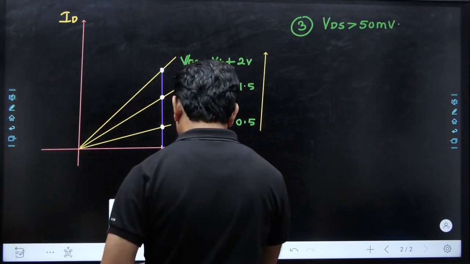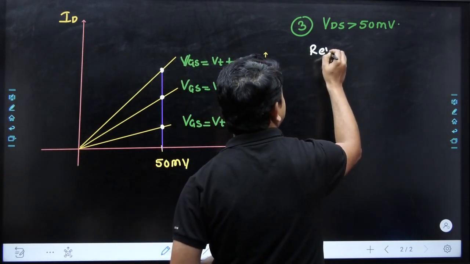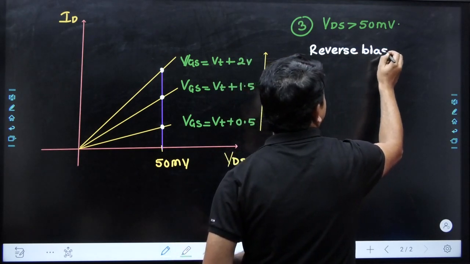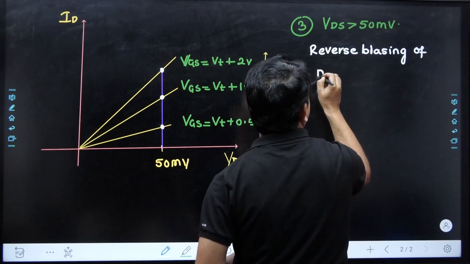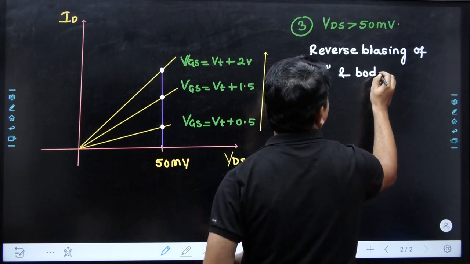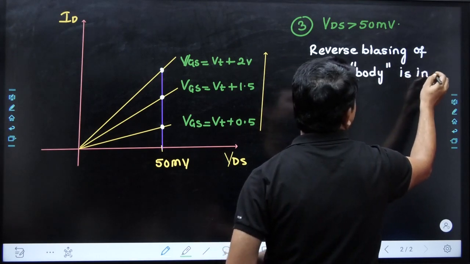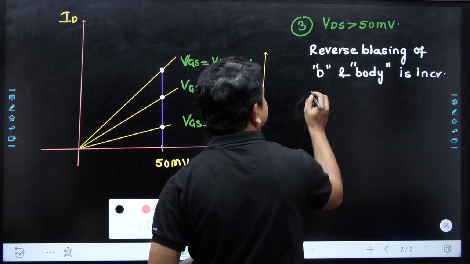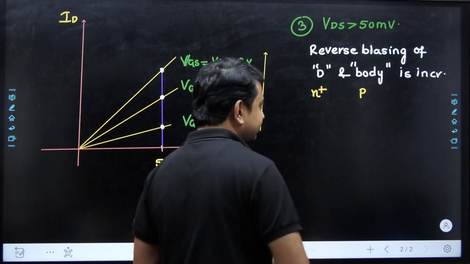The first thing is that the reverse biasing of the drain region and the body or substrate region is increasing. Why is this increasing? Because the drain is made up of N plus region and the body is made up of P region.